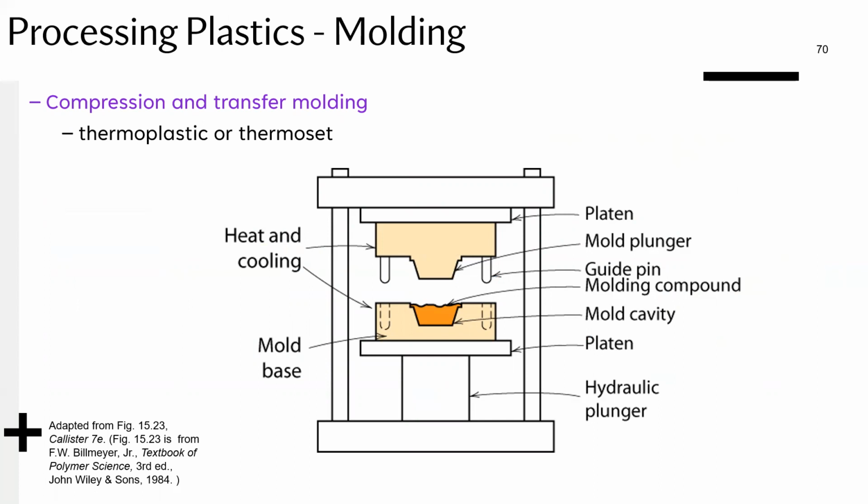compression and transfer molding. So this process, as the name suggests, is that you have a certain geometry that's designed into your cavity and mold design. So basically, you design a set of two pieces that contain a negative and positive geometry.